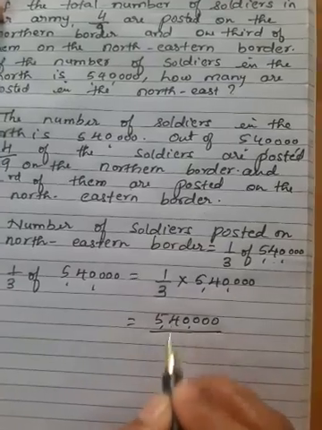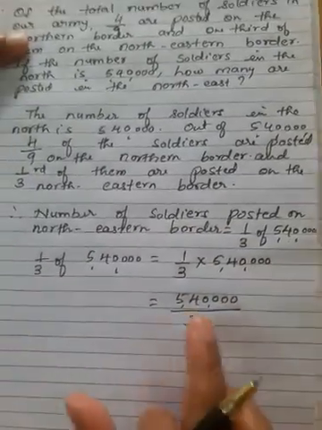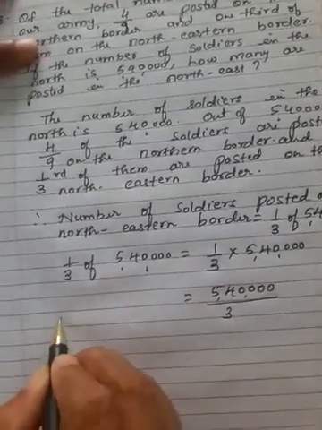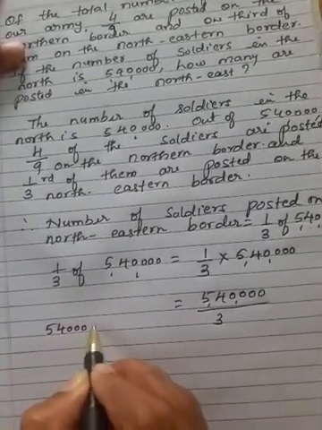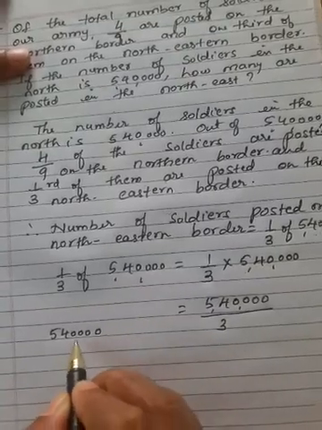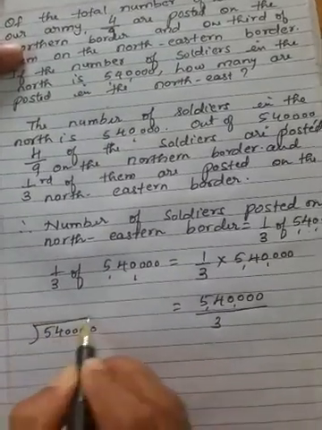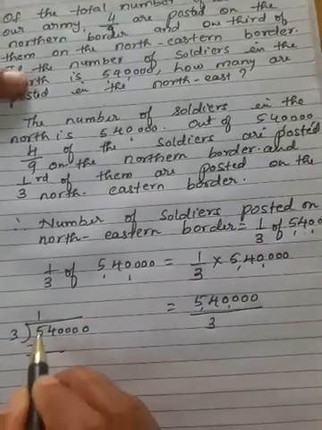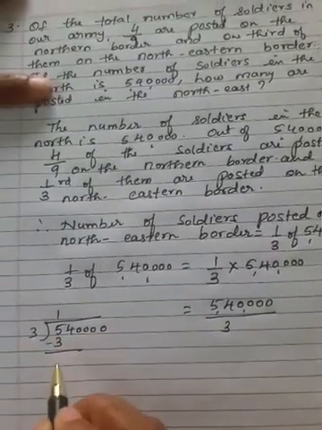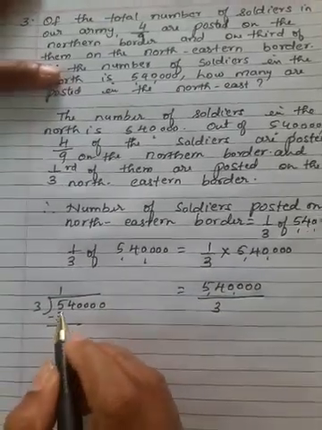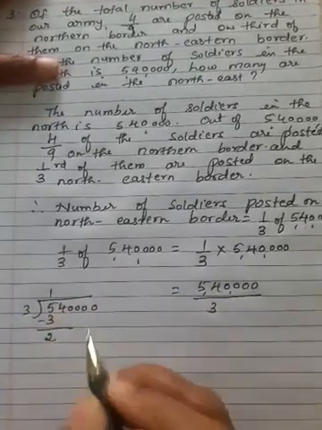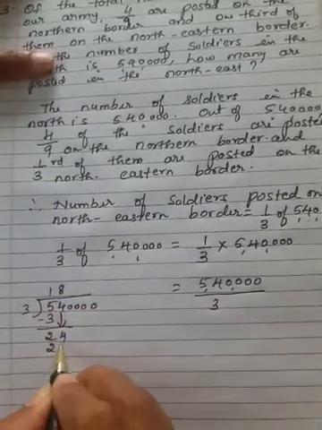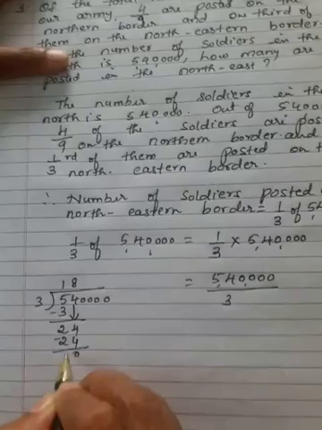Next, upon 3. Now divide 5,40,000 by 3. How much answer will you get? 3 ones are 3. Subtract, 5 minus 3 is 2. Then take the next digit 4, which makes 24. 3 eights are 24. Subtract, it is 0.